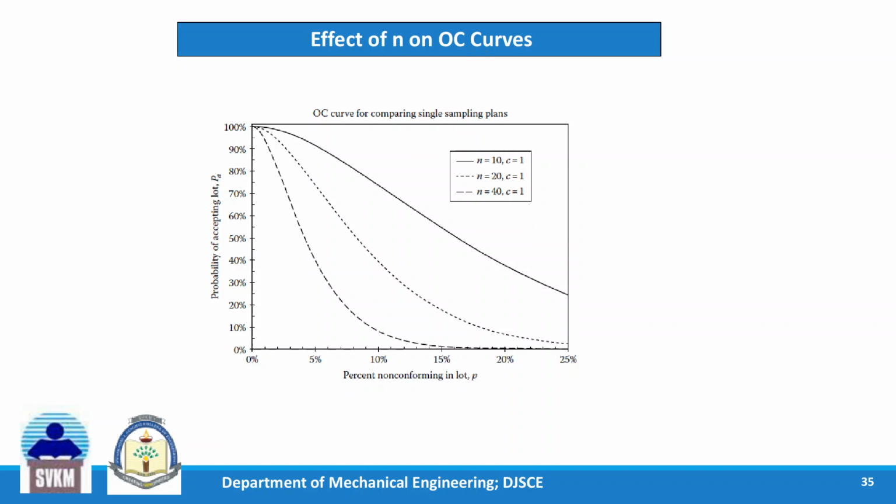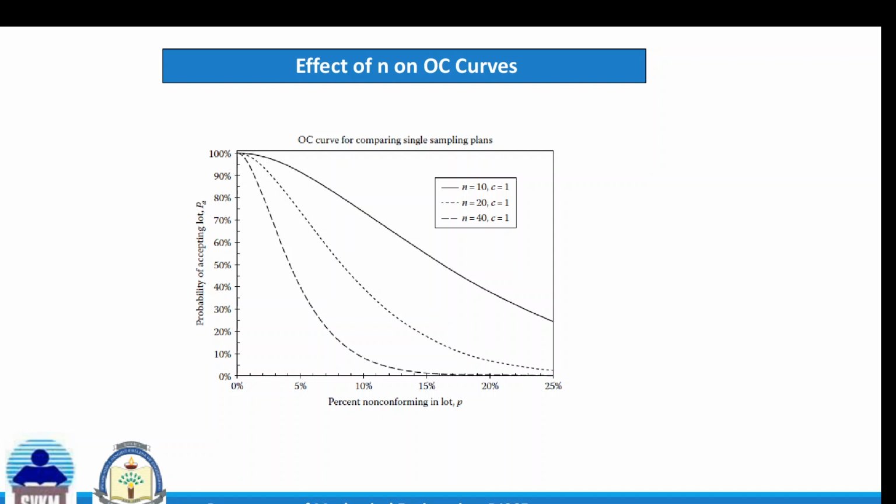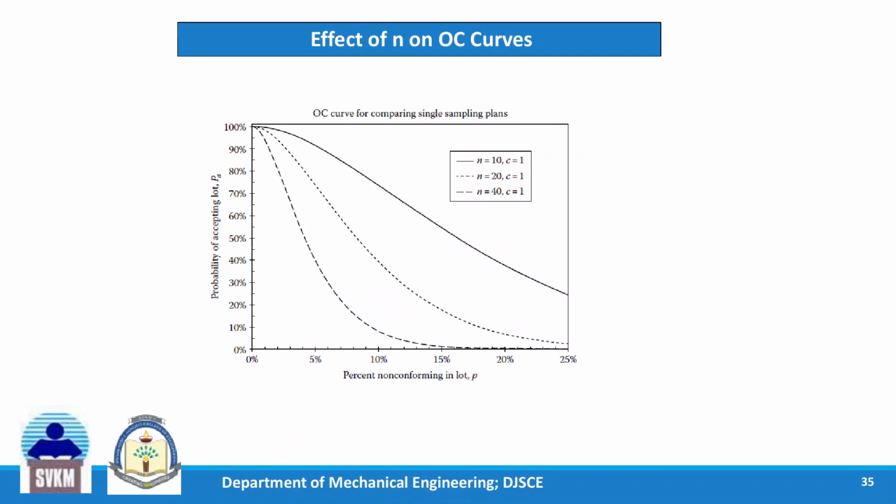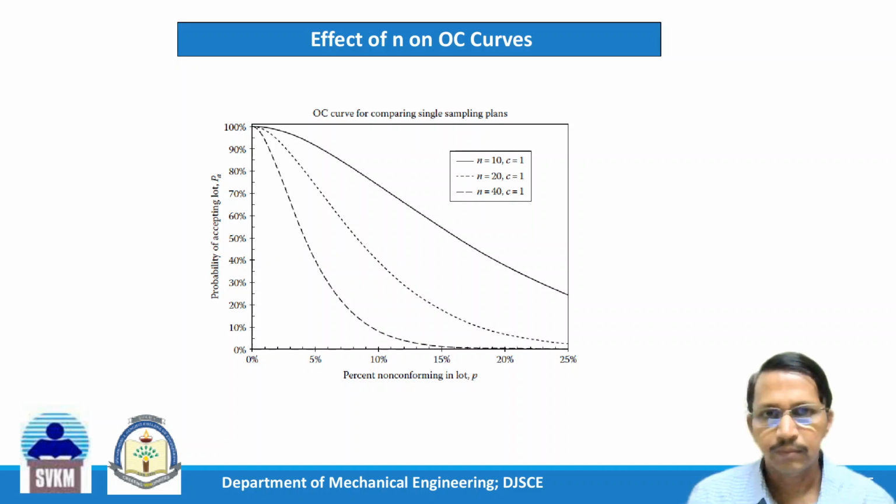Now what is happening here? As the sample size is changing, what is happening to this OC curve?